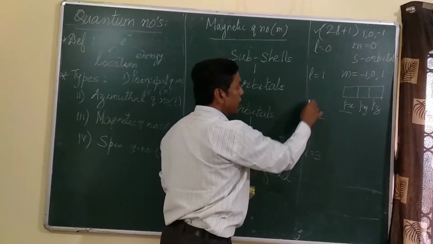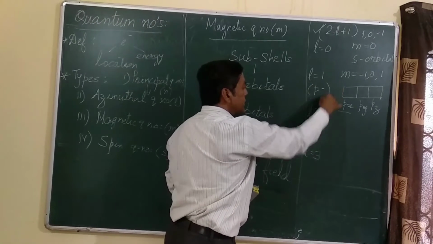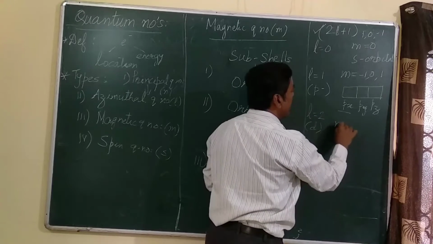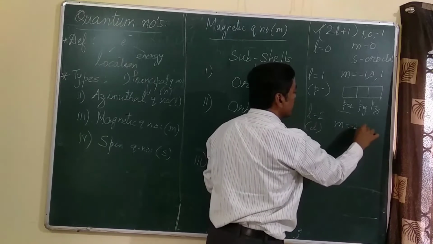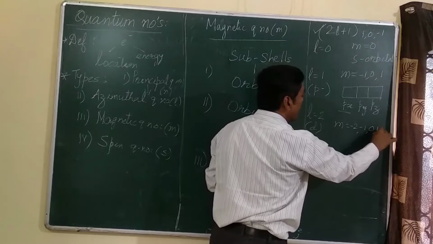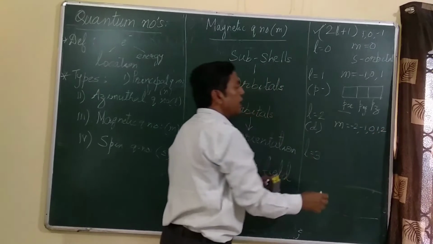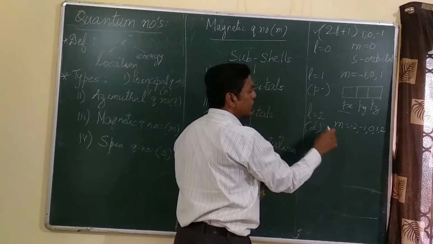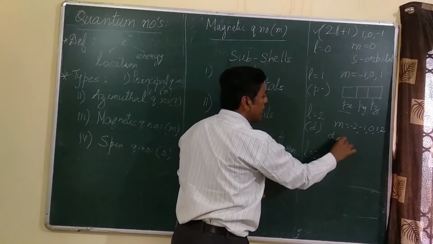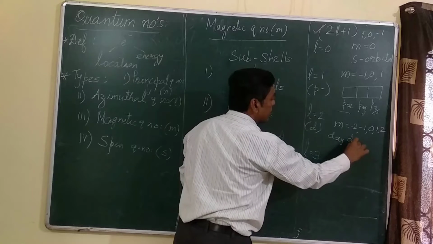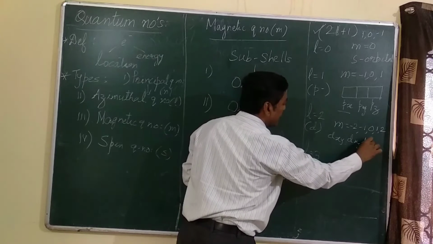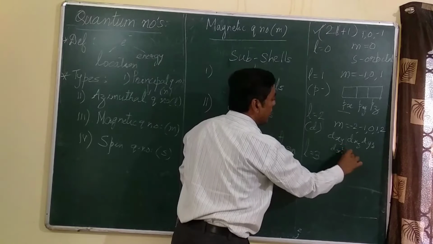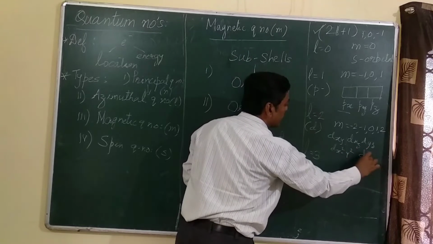Similarly, if L is equal to 2, that time we say that it is the D orbital. Now again here, the values of M may be minus 2, minus 1, 0, 1 and 2. That means there are 5 possible orientations of the D orbital, which can be represented as dxy, dxz, dyz, dx square minus y square and dz square.